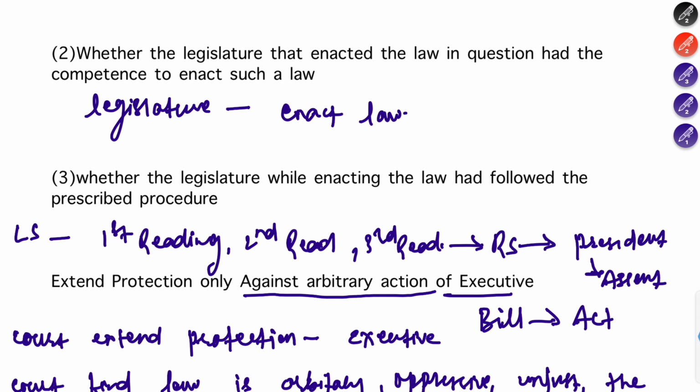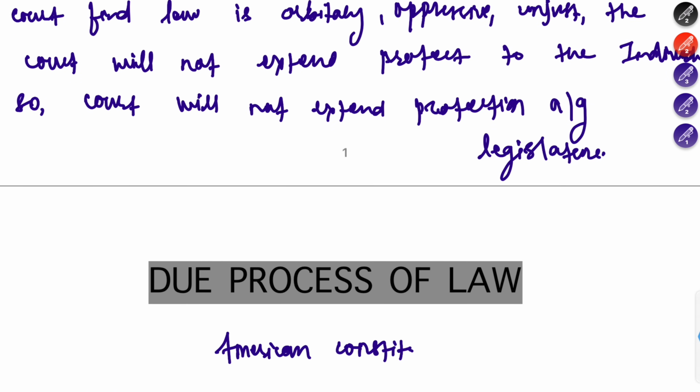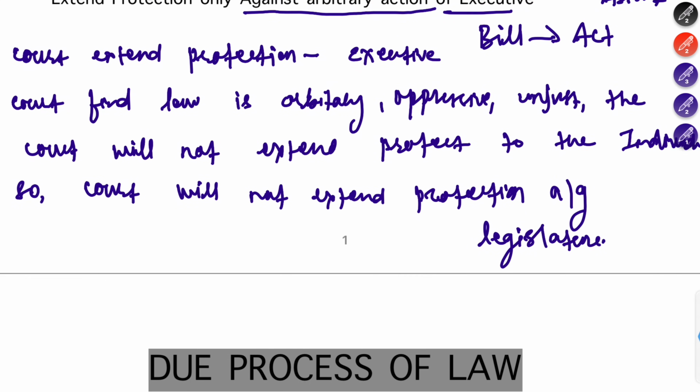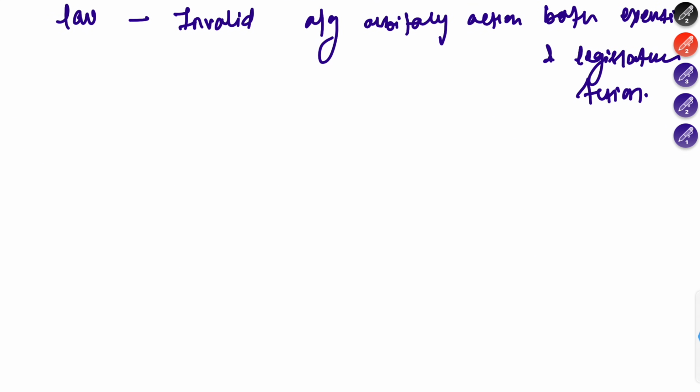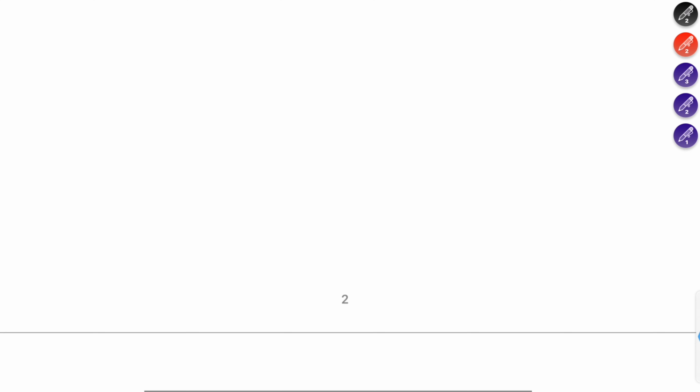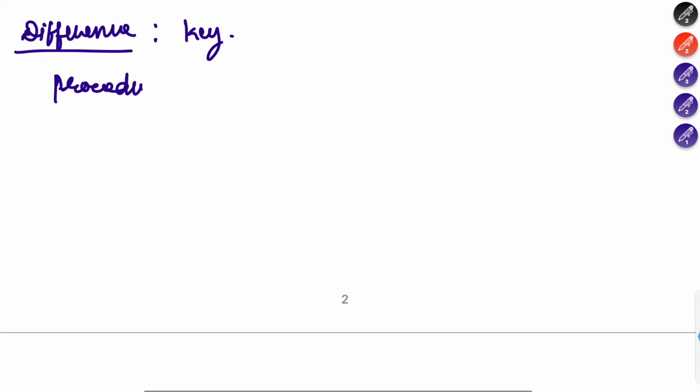Now we will study the key differences between procedure established by law and due process of law.